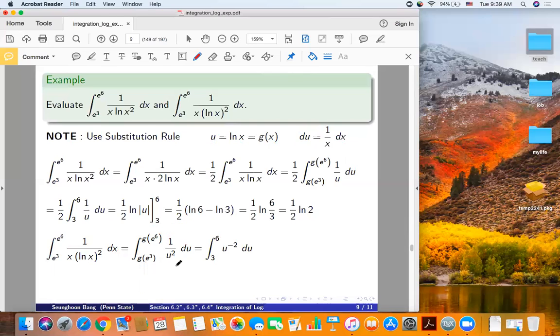So we have it. You can use the power rule: 1 over negative 2 plus 1 times u to the negative 2 plus 1 from 3 to 6.